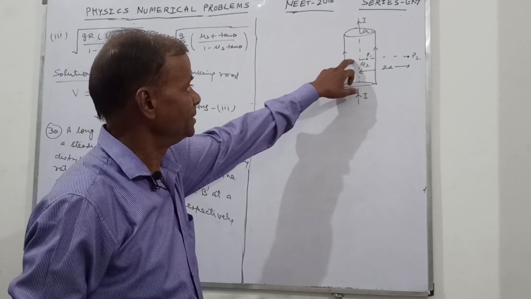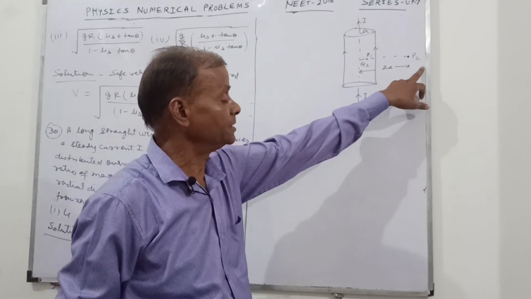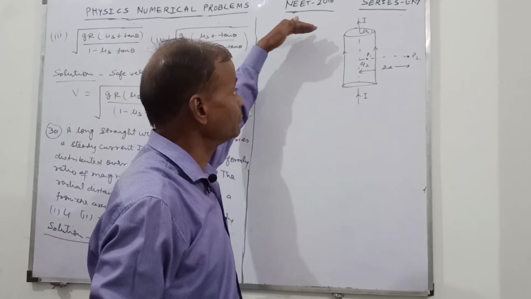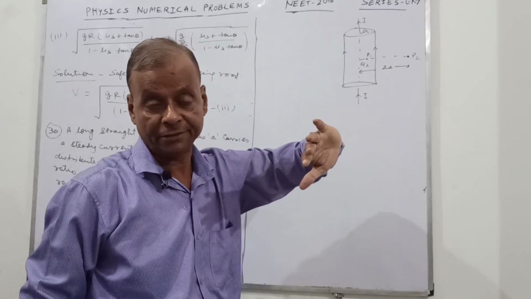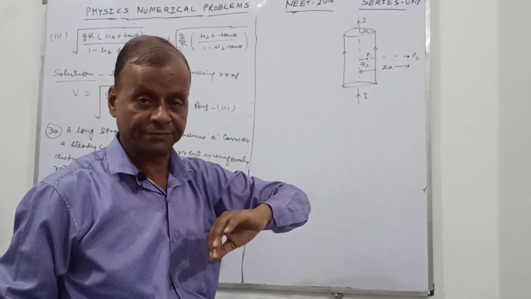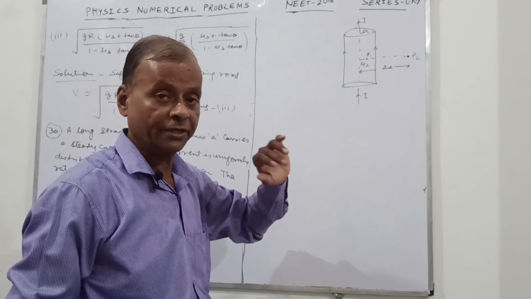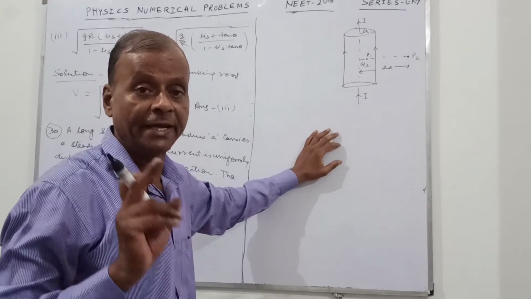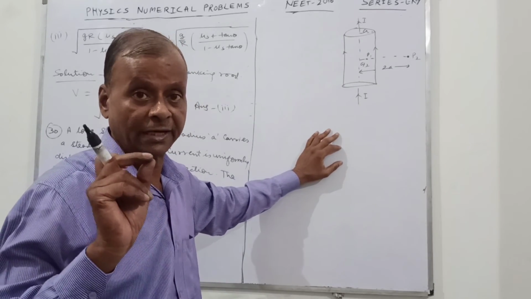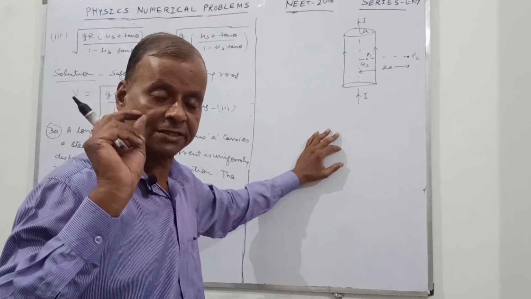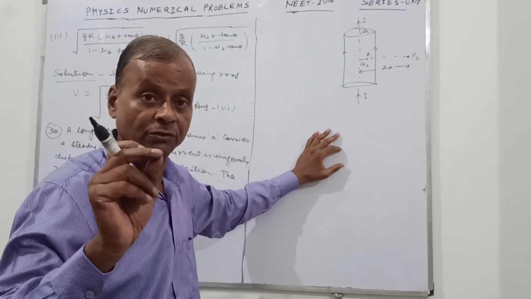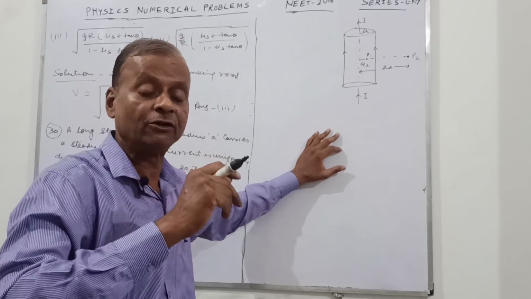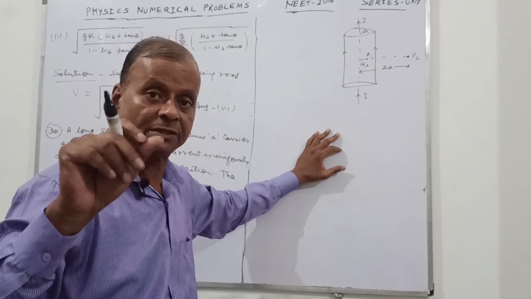So this point is inside the cylinder and this point is outside the cylinder. Because these points are along the radius of this cylinder, they are called radial points. So do not be confused: when we are given radial points in any regular body like a sphere, cylinder or cone, radial points are always those points which are along the radius of the given body.